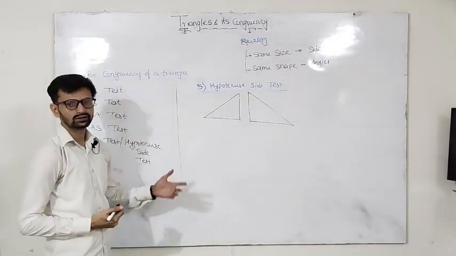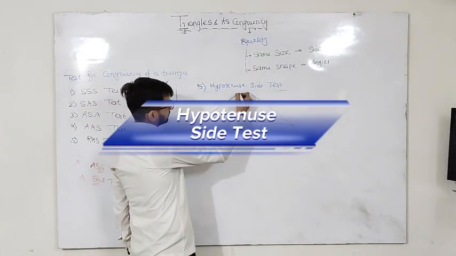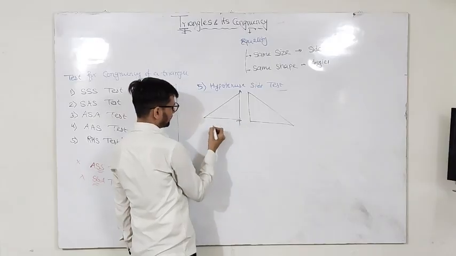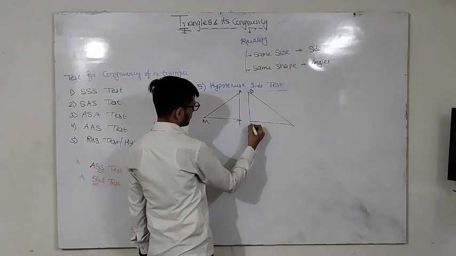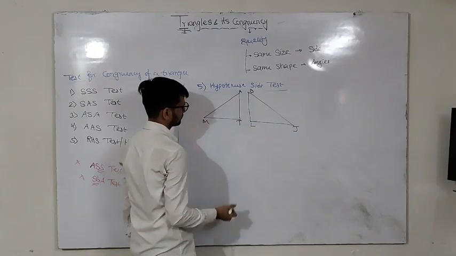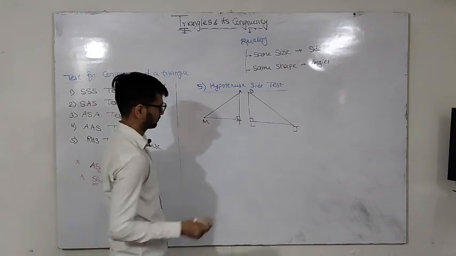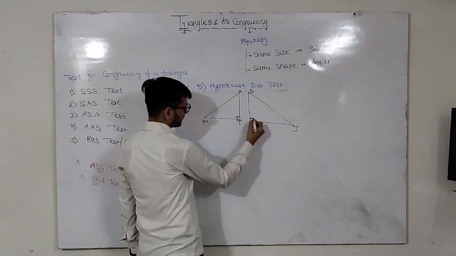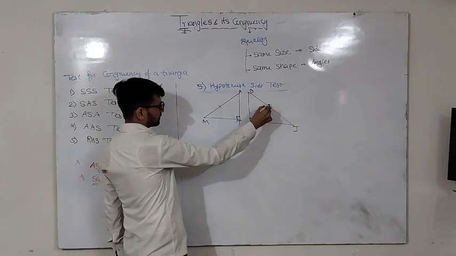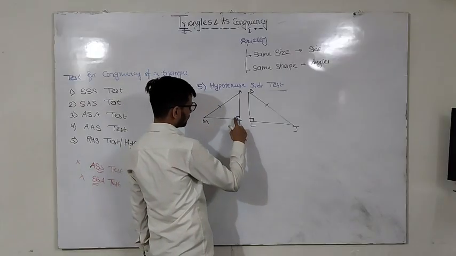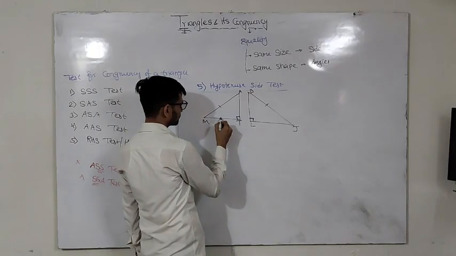Now have a look at the fifth test, hypotenuse side test. Suppose there are two right angle triangles ATM and BLJ, with right angle at T and L. Right angle at T and L. Hypotenuse is equal, the side opposite to 90 degrees is called hypotenuse, and one side is equal.